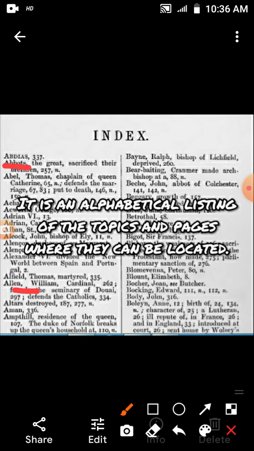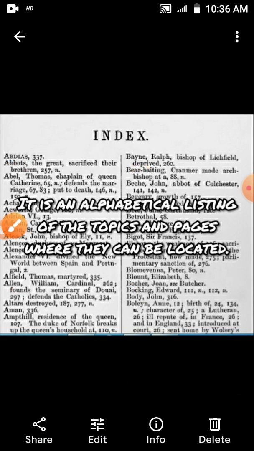After A it comes B, then after B it comes C. All the difficult words with their meanings are located in the index page, and it is also found in the back of the book.